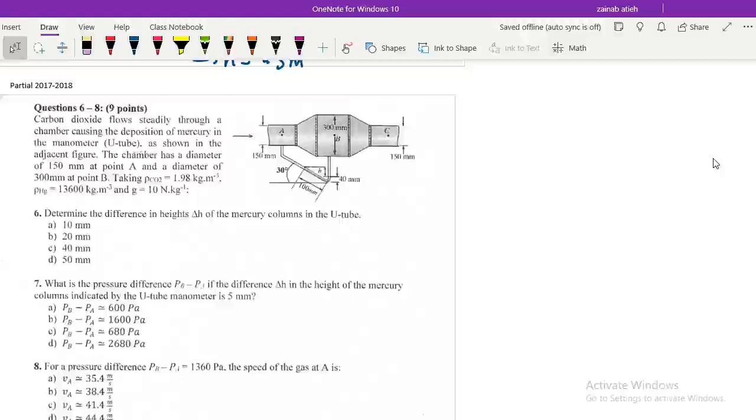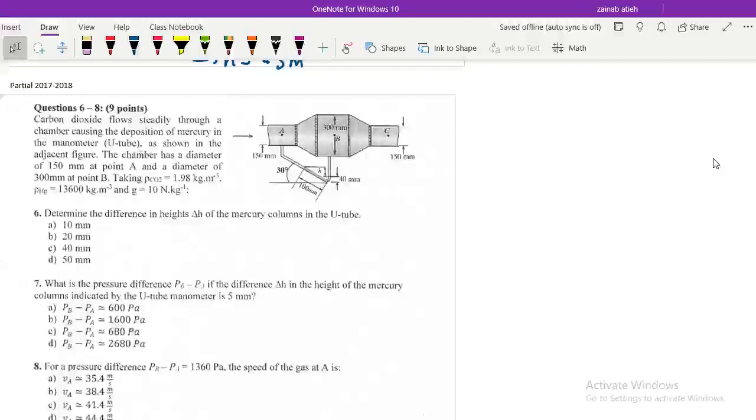The chamber has a diameter of 150 millimeter at point A, so I have the area at this point, I have the diameter, and a diameter of 300 millimeter at point B. Taking rho of CO2 1.98 and rho of mercury 13,600 kilogram per meter cube, and G equals 10 Newton per kilogram.